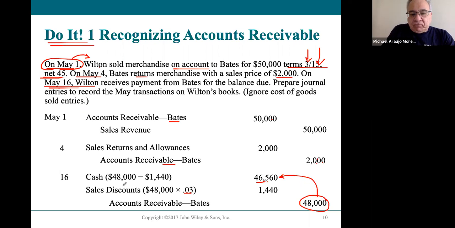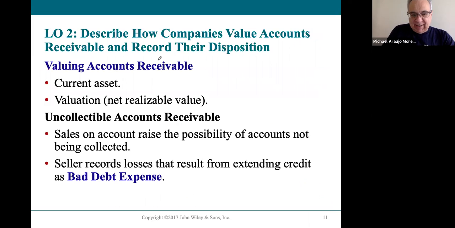Right. So that's very, very important to recognize because it's going to help you understand why we need to look at learning objective 2. Because in accounting, remember, we have to value things conservatively on our balance sheet.